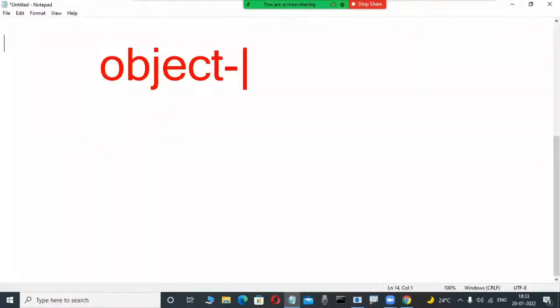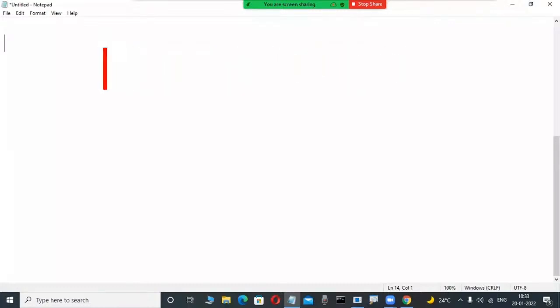Suppose there are so many object-oriented languages worldwide. Maybe so many fellows have an idea. What are the object-oriented languages?